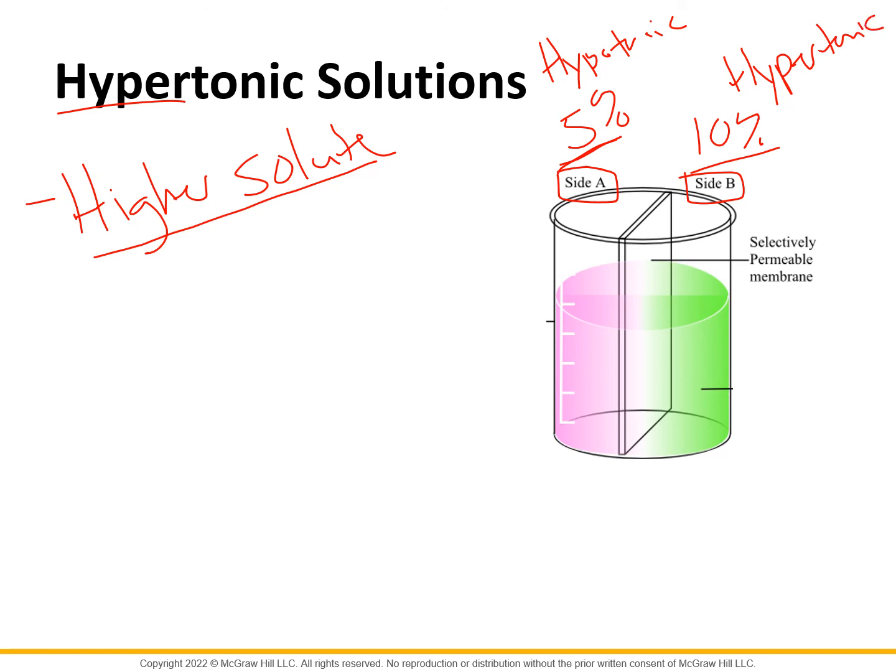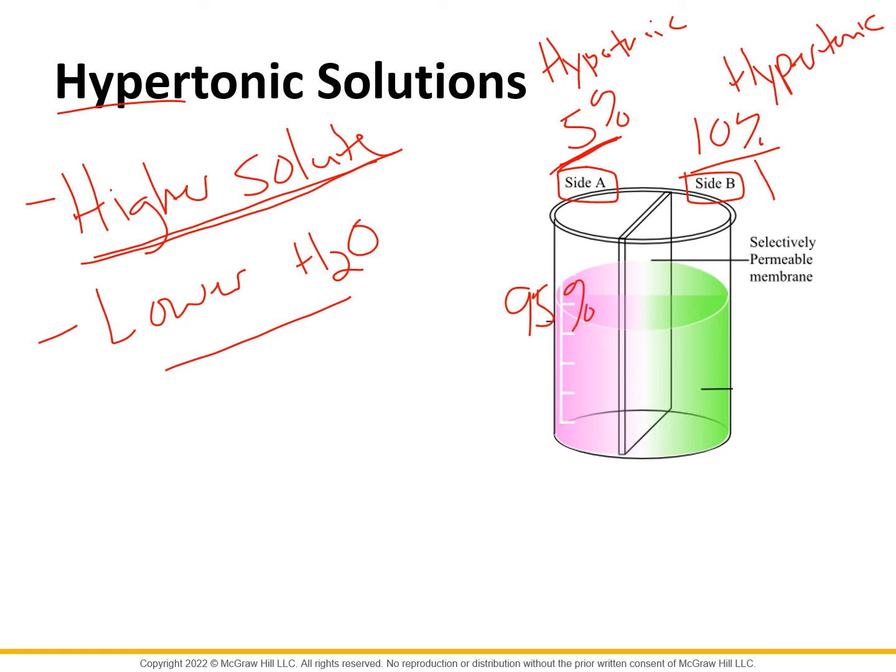And just as further comparison, if it has the higher concentration of solute, it has the lower concentration of water, solvent. Lower concentration of water. And if you go through again and calculate the water, if this is 5% solute, it's 95% water. If this is 10% solute, it is 90% water. So again, hypertonic solution, higher solute, 10 is higher than 5, lower water, 90 is lower than 95.